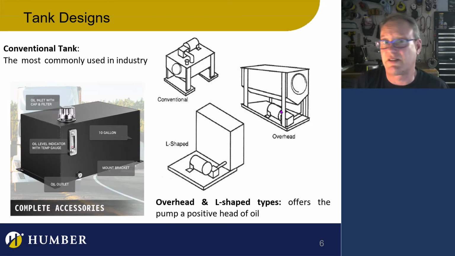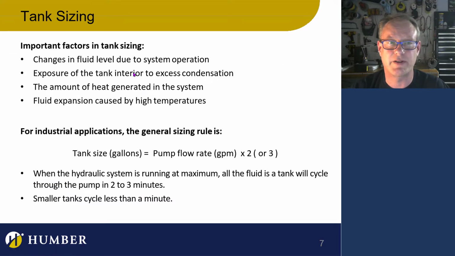So it's a little bit better, I guess, but it doesn't really matter. Typically the top-mounted one is used because of the form factor and also the accessibility to the pump. You can easily access the motor and the pump, seeing it's sitting right on top of the tank. So you'll see that most commonly it's right on top of the tank.